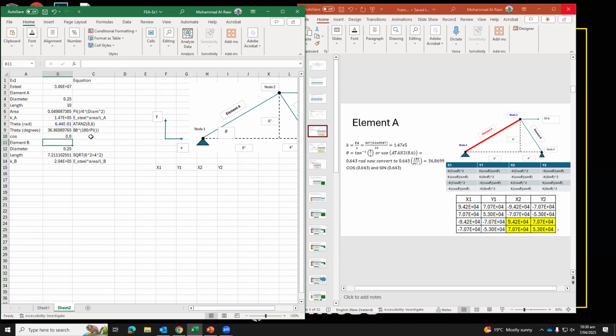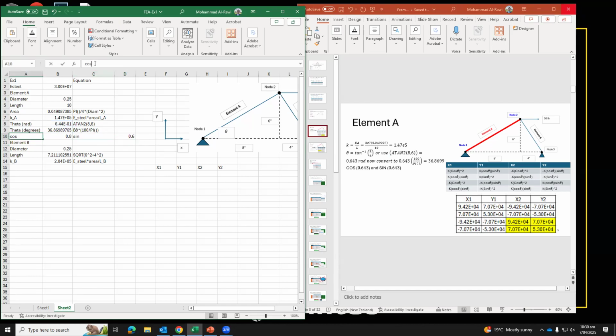Just didn't like it. All right, so it did make the change. And here would be the other one, sine. So I put here equals sine theta radians for A, and that will be 0.8 and 0.6. So I just did sine theta.